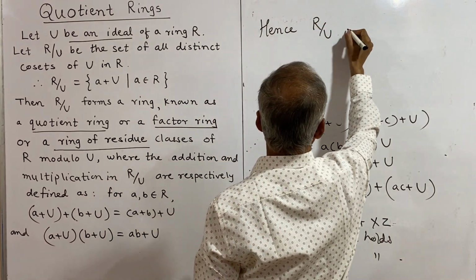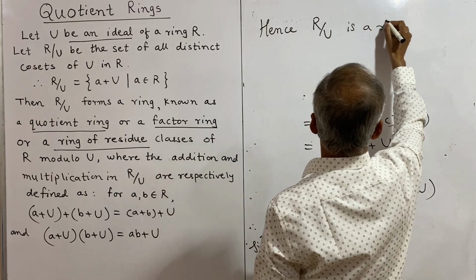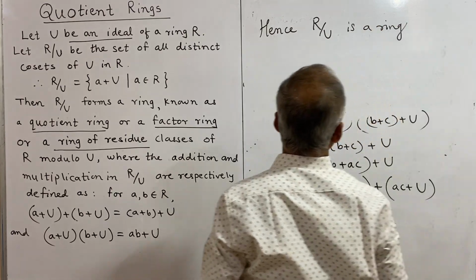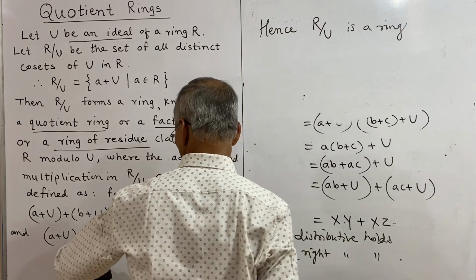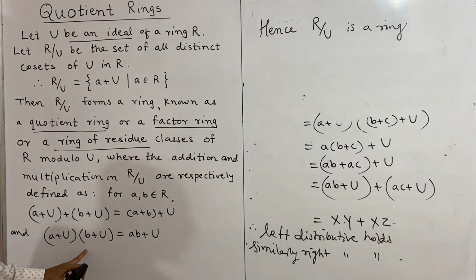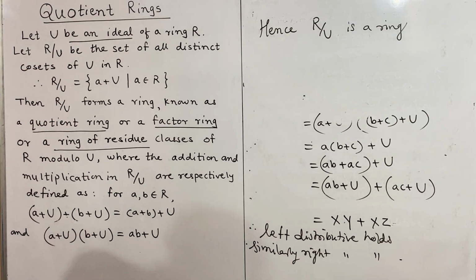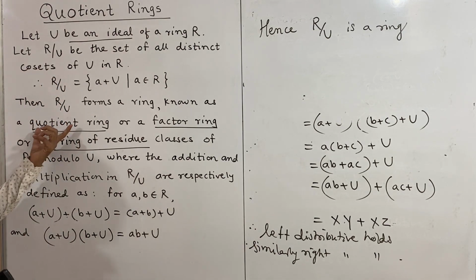R/U is a ring, with addition and multiplication specially defined. It's not the usual one, but with this addition and multiplication for cosets, distinct cosets. So this is a ring, and this ring is known as the quotient ring.